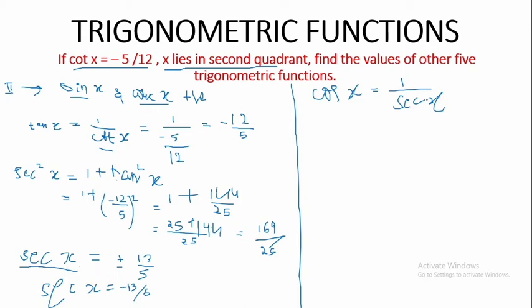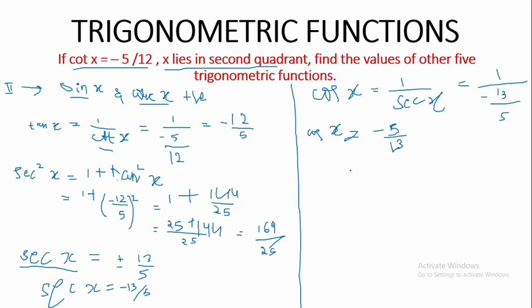So we'll substitute the value here: 1 by minus 13 by 5. So this 5 will go to the numerator and the denominator will remain the same, that's minus 13. So cos x is equal to minus 5 by 13.